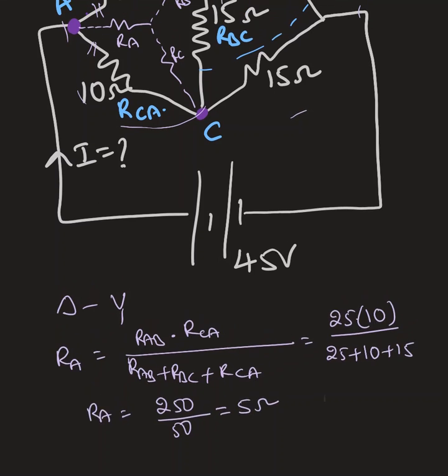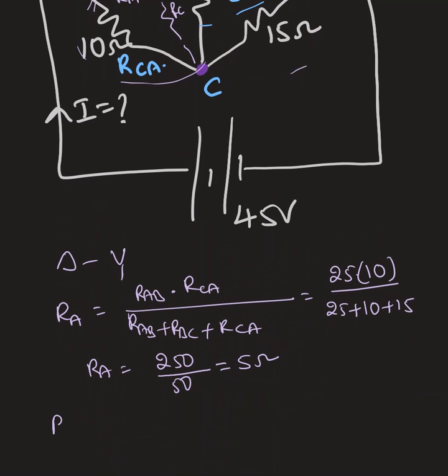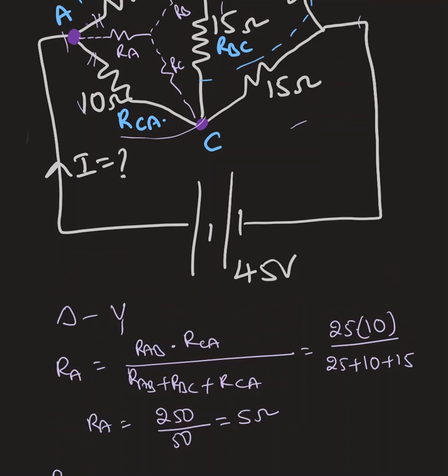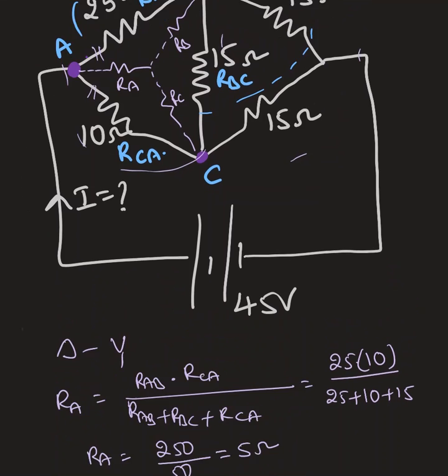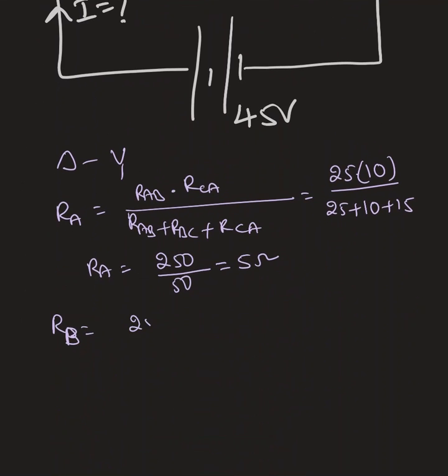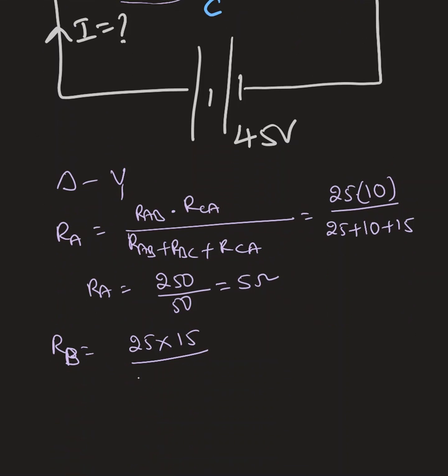Same way I'm going to find RB. RB is connected between RAB and RBC. I'm not writing the equation there. So RAB equal to 25 and RBC is 15, divided by RAB plus RBC plus RCA, 25 plus 10 plus 15.